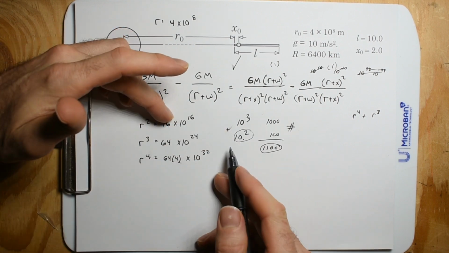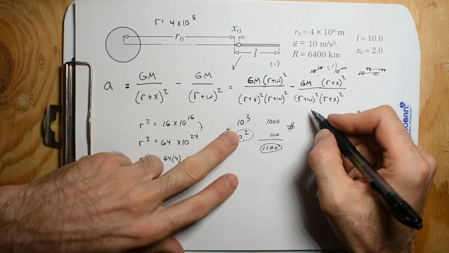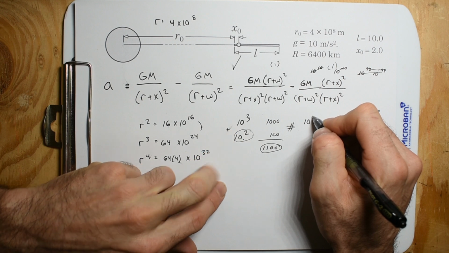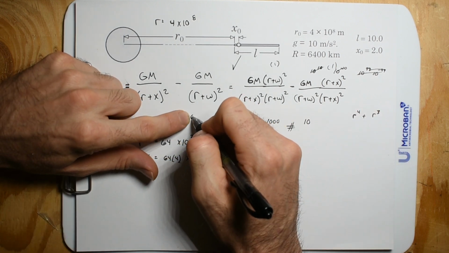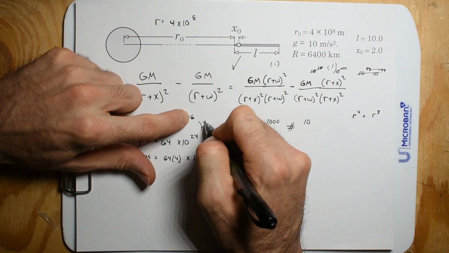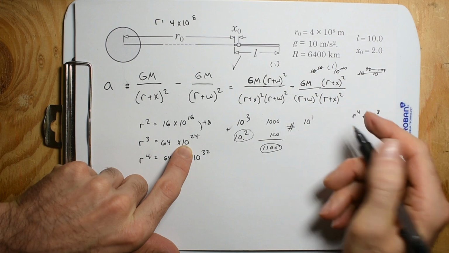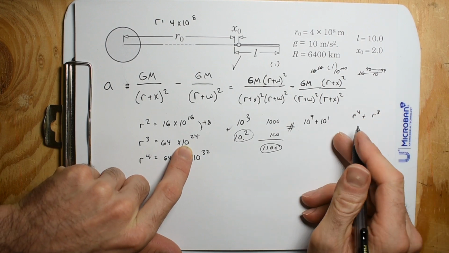But now look at the separation here. We have a separation of 8. So let's say we have 10 to the 9 plus 10 to the 1.